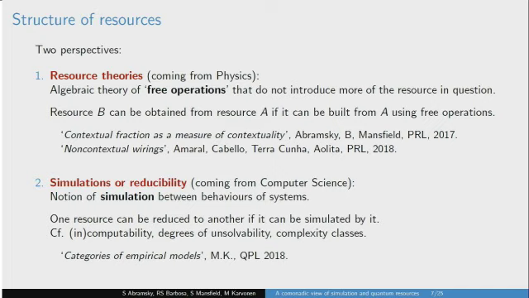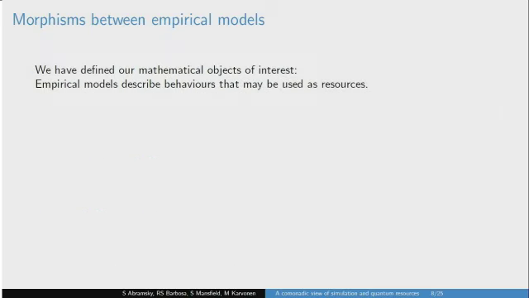In a sense, our current work generalizes and unifies ideas present in both of these approaches. Another way of thinking about what we're doing is that we already have these empirical models, and there are questions of how contextual they are. And now the question is, what are the morphisms?